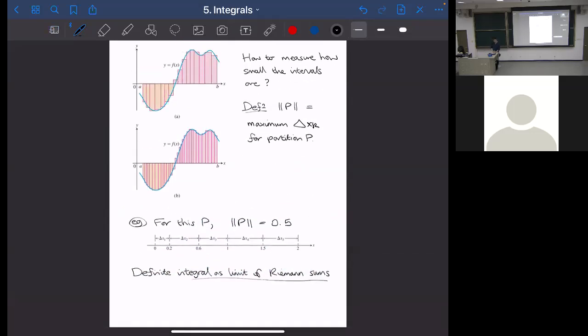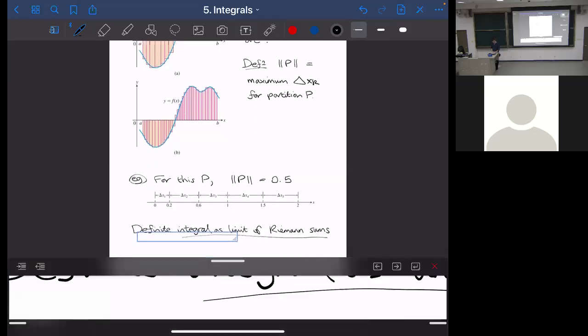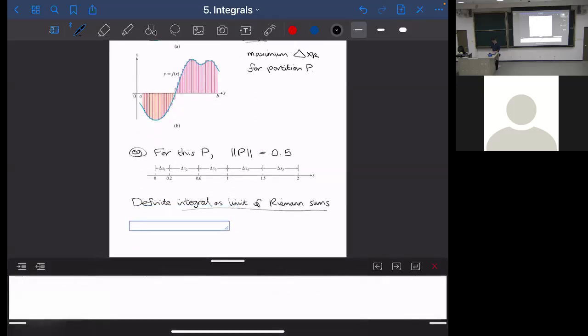It's an important definition, and it's even more important that we can calculate it very easily later. So we'll do that this lesson and next lesson. But the definition, as usual in this course, is in terms of limits.